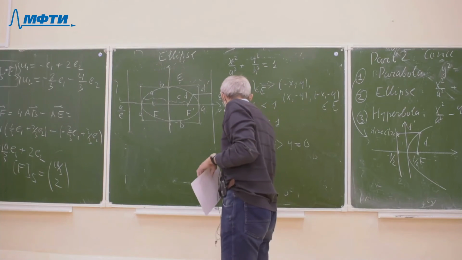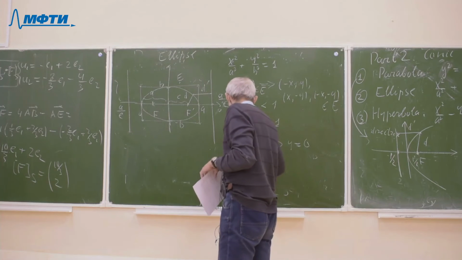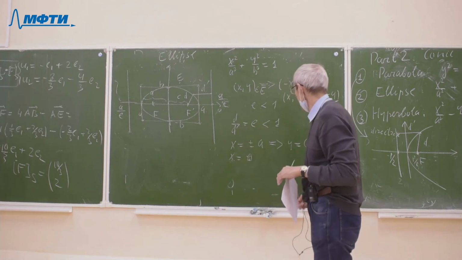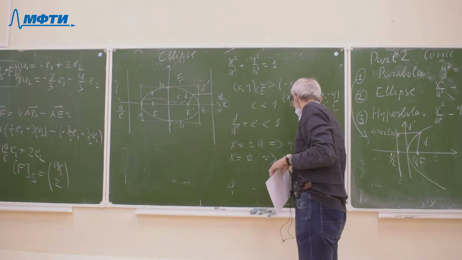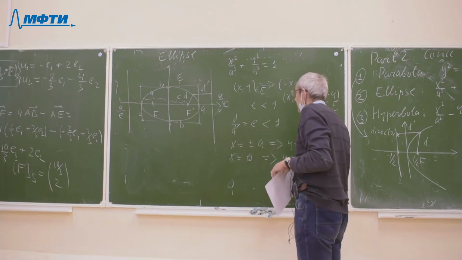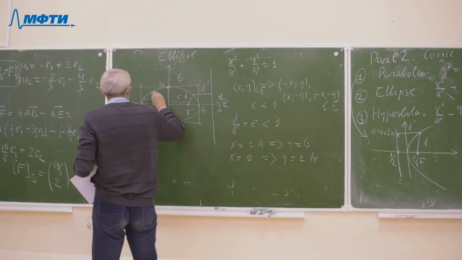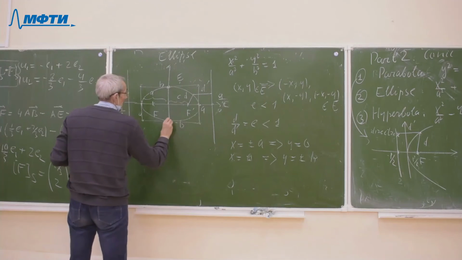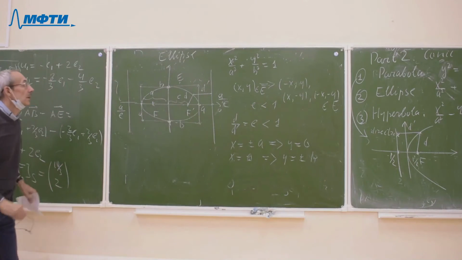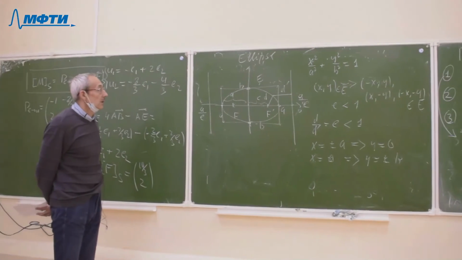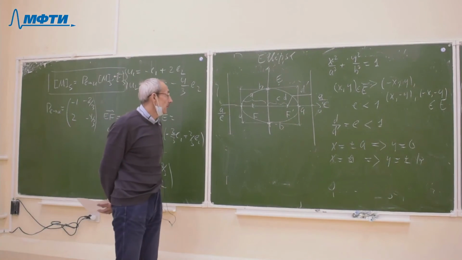And if x is 0, y is equal to plus or minus b. And we have these points of intersection of the coordinate axes with the ellipse.